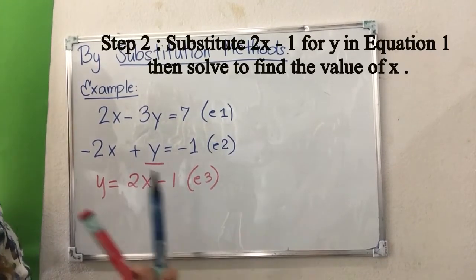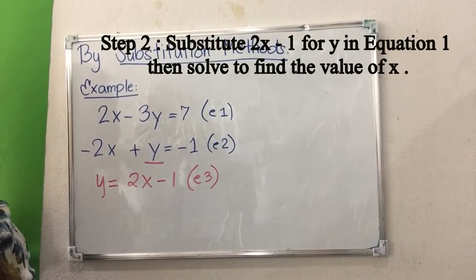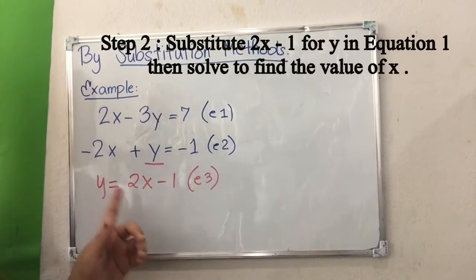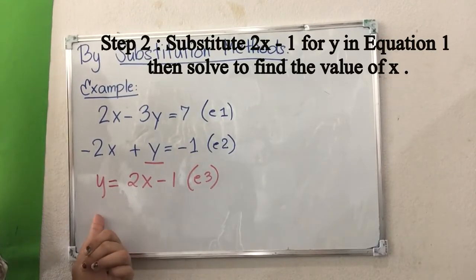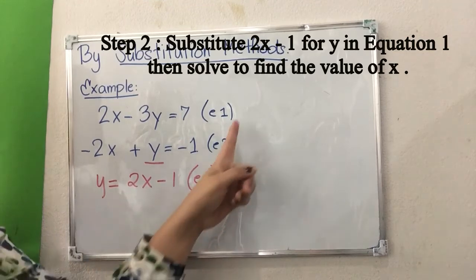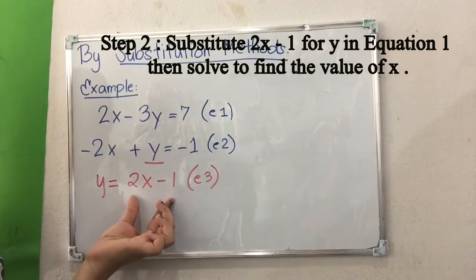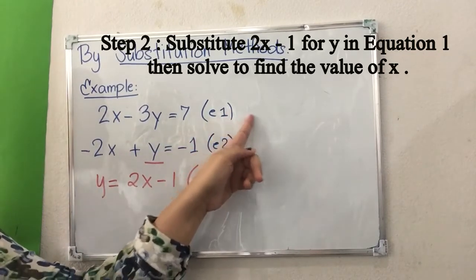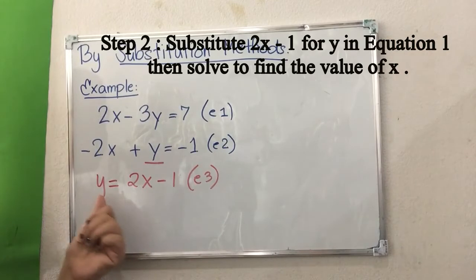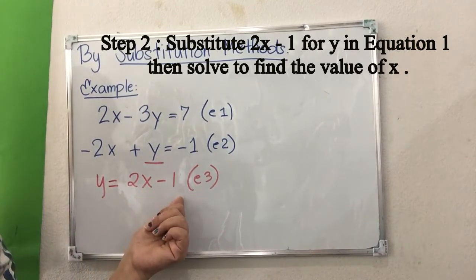Now, step 2. We have to substitute 2x minus 1 for y in equation 1. We are going to solve equation 1 by substituting the value of y with 2x minus 1.